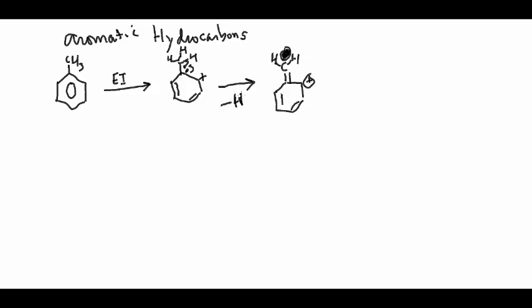Now this is a regular non-radical cation because the radical cation lost a hydrogen atom, and so it's now an even number electron cation. And it has resonance structures. Let me draw one of those, showing the more familiar looking way that we tend to draw the benzylic, or benzyl rather, carbocation here.